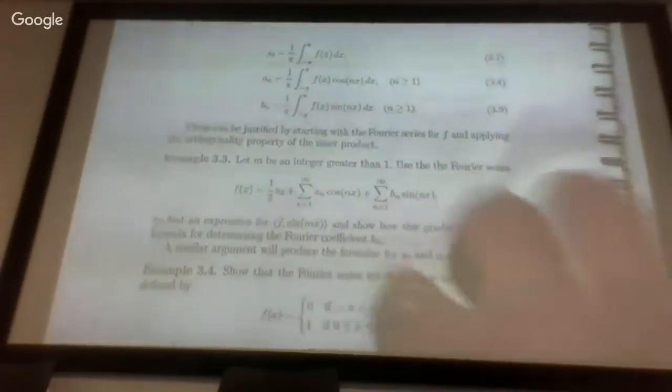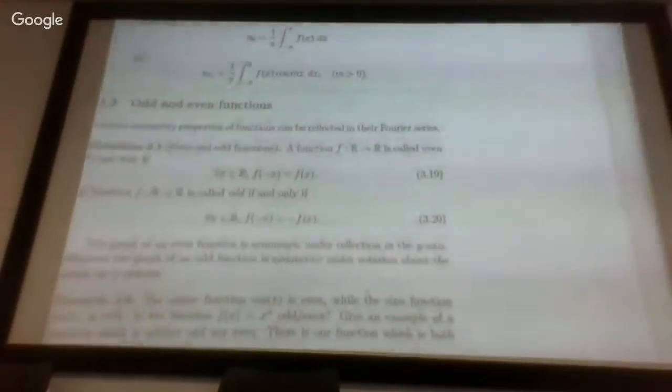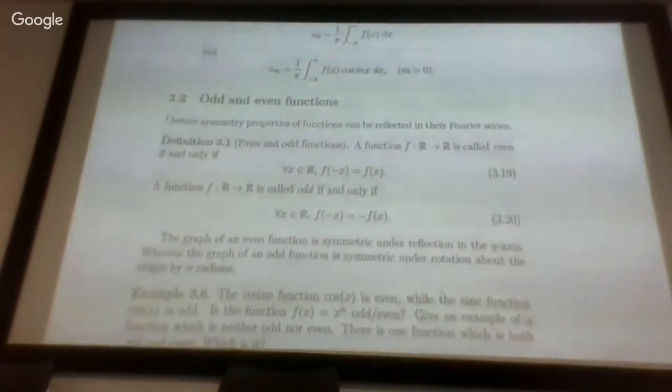Okay. Now last time we looked at some examples. We looked at finding Fourier series for the square wave function and for the function f of x equals x and so on. Before we look at other particular examples, we're going to look at section 3.3 here, on page 63. This is to do with a kind of simplification of Fourier series when the function f you're examining has certain properties.